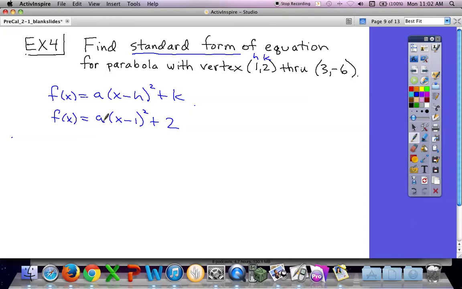Solve for it. So at this step, substitute those values of x and y. Right, that's x, that's y. Y is the same thing as f of x. So we'll put this in: negative 6 equals a times 3 minus 1 squared plus 2.